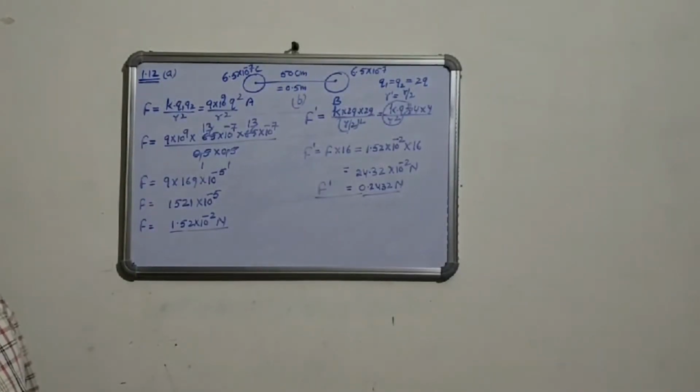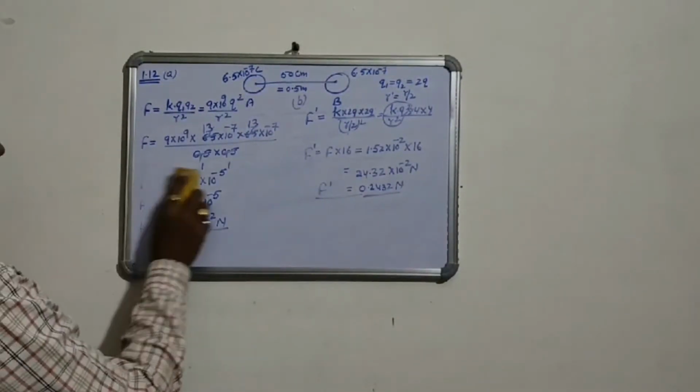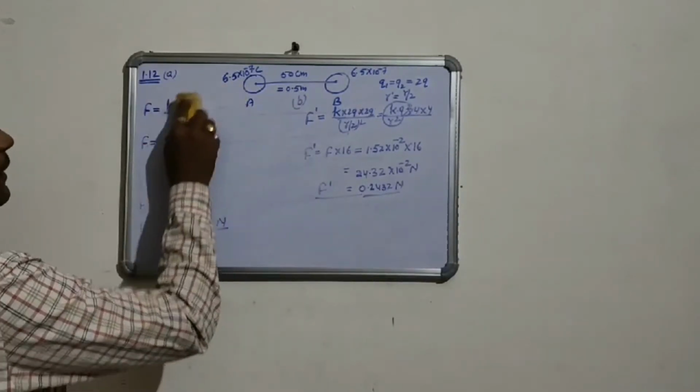According to question number 1.13, suppose spheres A and B in exercise 1.12 have identical size, and a third sphere of the same size but uncharged is brought in contact with the first. Listen carefully.